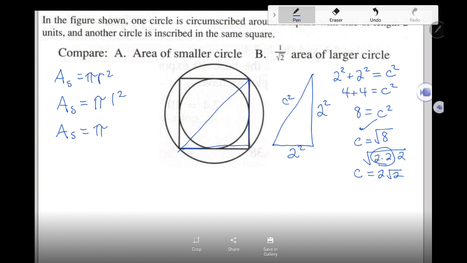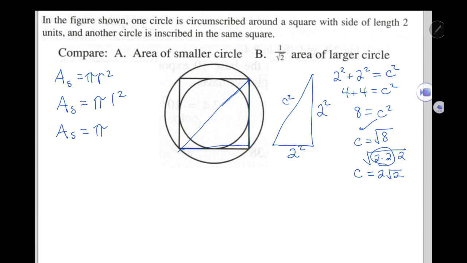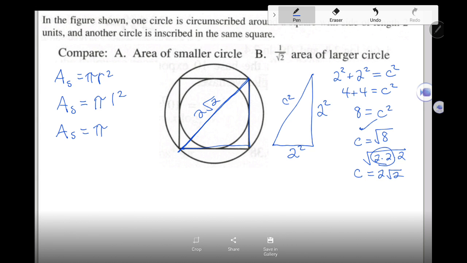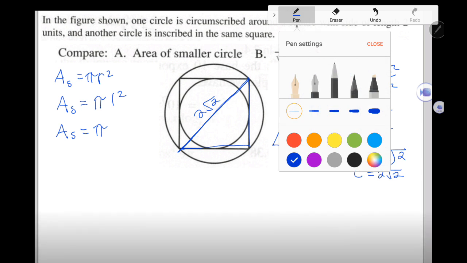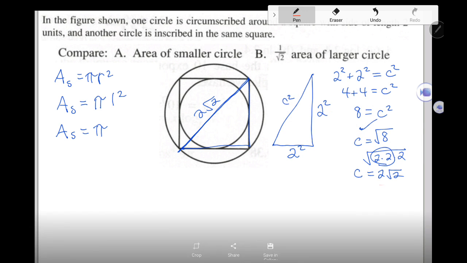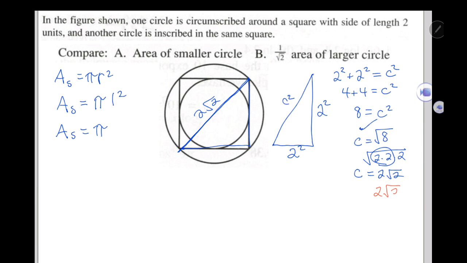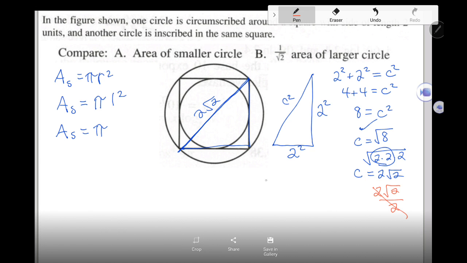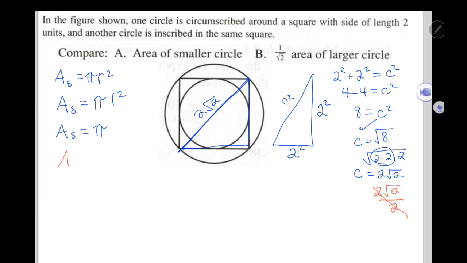Okay, so if the diameter of the circle is 2 square root of 2, then half of that, 2 square root of 2 divided by 2, the 2's cancel. So my radius for my large circle is square root of 2. Let me say the area of the large circle is equal to pi r squared again.